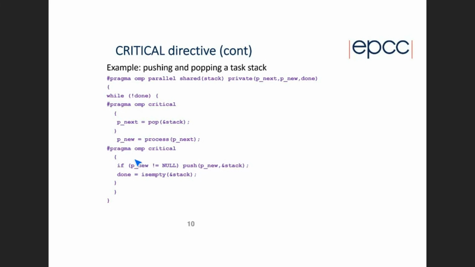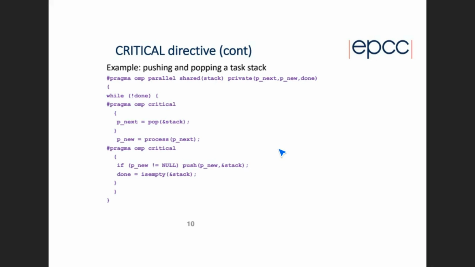So if p new is not null, then we push that new item back on the stack. Then we check to see if the stack is empty or not. If it's not empty, then we carry on around and pop a new one, and so on. So it's basically just doing simple operations.